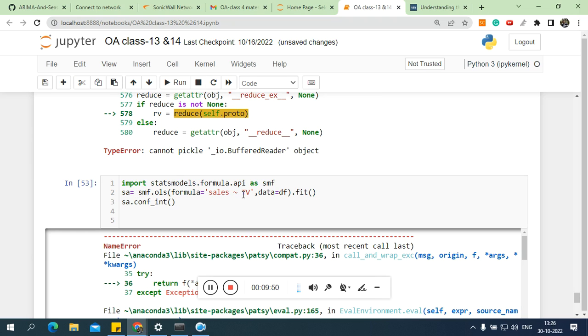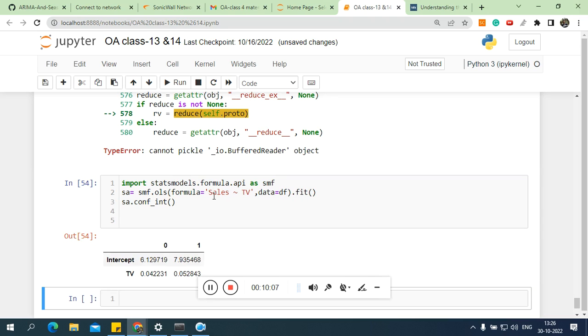In our case it is capital. Yes, it's capital. Now I'm getting some output. So what does it say? What is the intercept that I want to identify? Here for TV, what is the intercept?